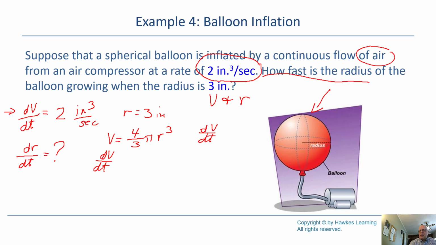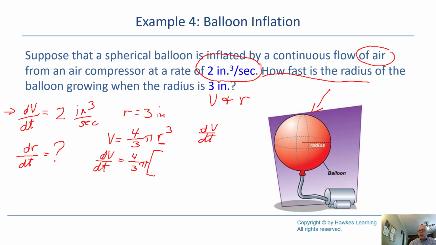Here's our implicit differentiation. Over on the right-hand side, notice that 4/3 and pi, as a package, are all one big constant. So let's keep it by itself. But we do have to differentiate the r cubed.